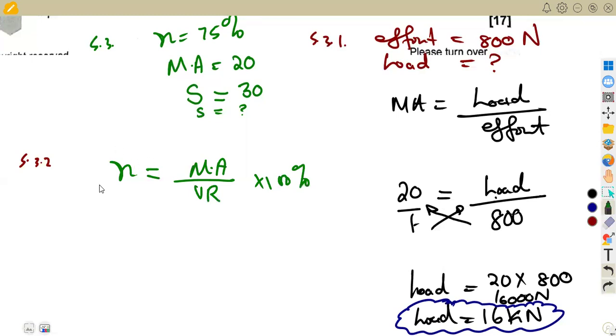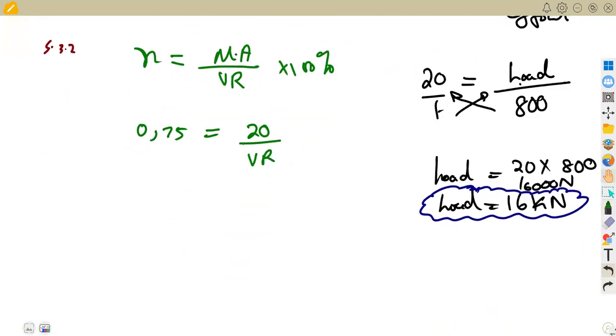Efficiency, we are given here 75%. If we divide by 100, it's going to be 0.75. So 0.75 is equal to the mechanical advantage, which we are given here as 20, over the displacement ratio.